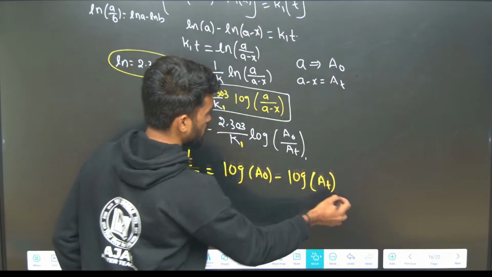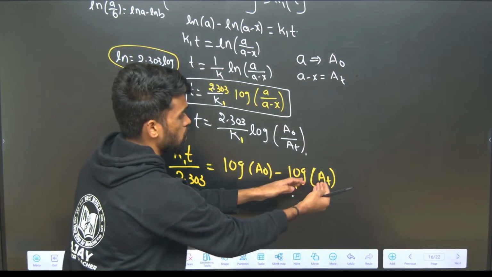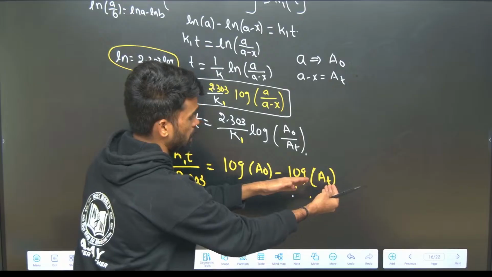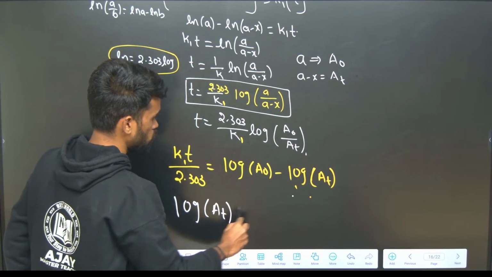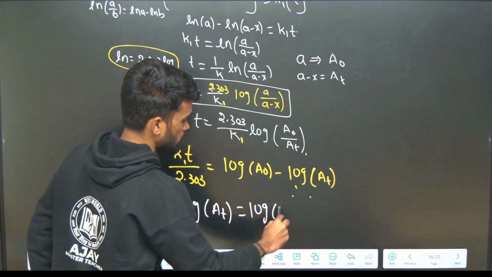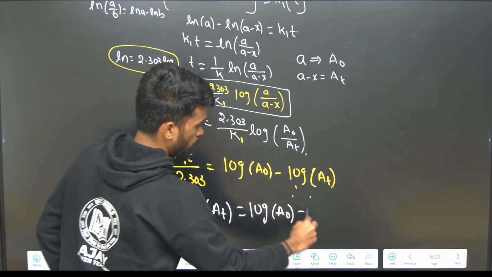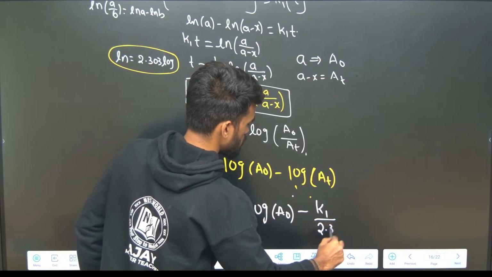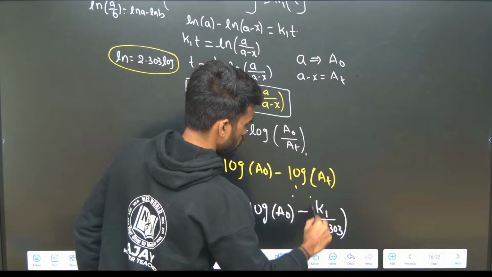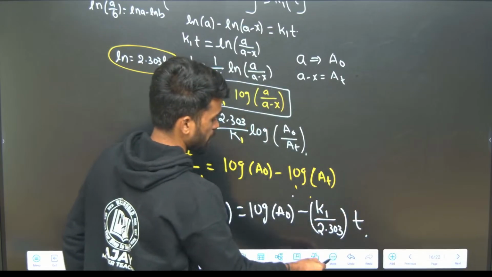Okay, so at means what? I just want the concentration of a at time t on this side. So we will get log at is equal to log a naught minus k1 by 2.303 into t. Like this you should write.